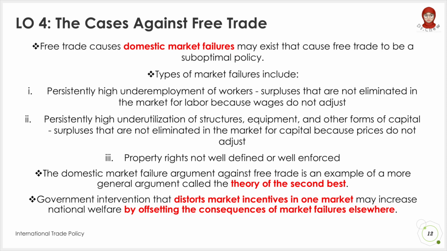This theory states that a hands-off policy is desirable in any one market only if all other markets are working properly. If they are not, a government intervention that appears to distort incentives in one market may actually increase welfare by offsetting the consequences of market failures elsewhere.